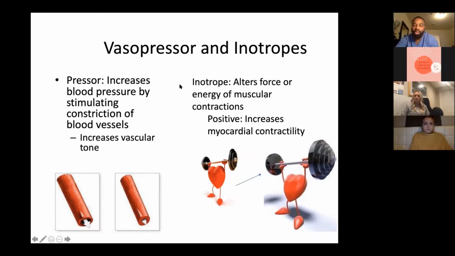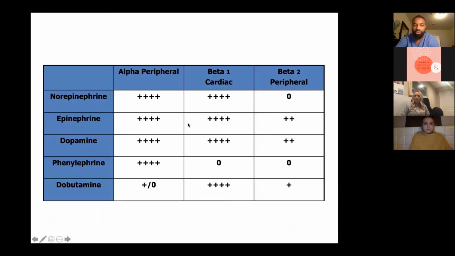Oh, nice. All right, so that's what we have with vasopressors and inotropes. Now we have a couple of pressors that we use in a hospital. We have norepinephrine, epinephrine, dopamine, phenylephrine, and dobutamine, right?